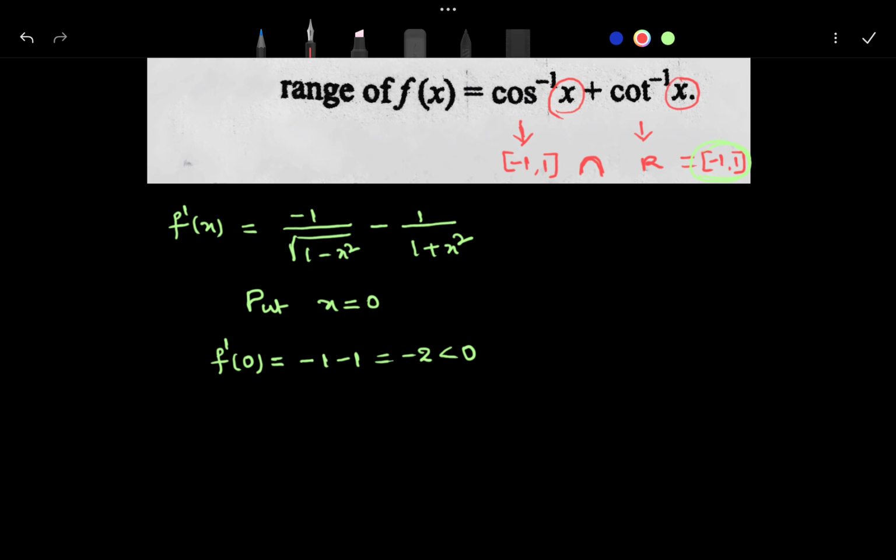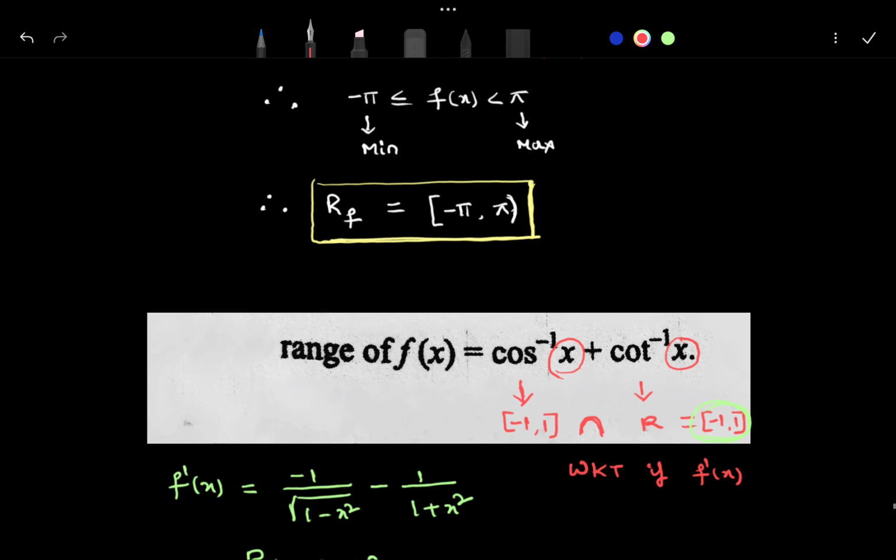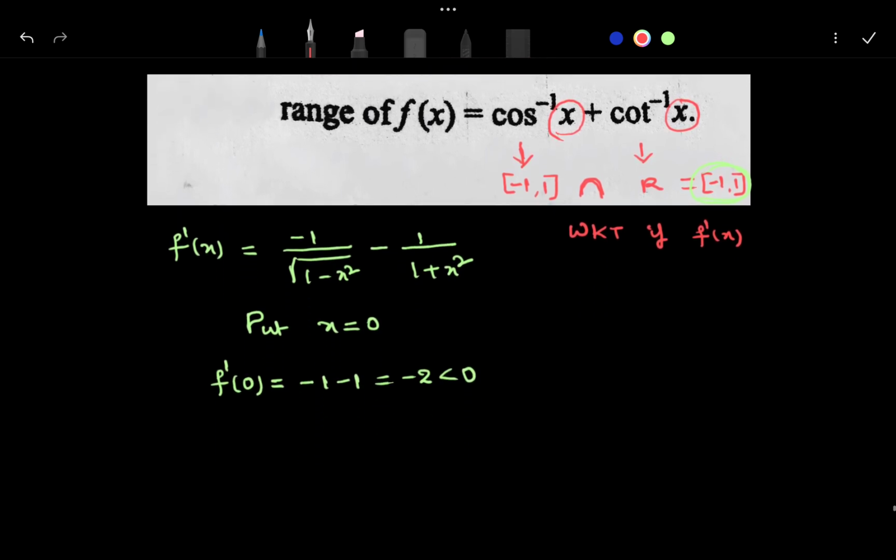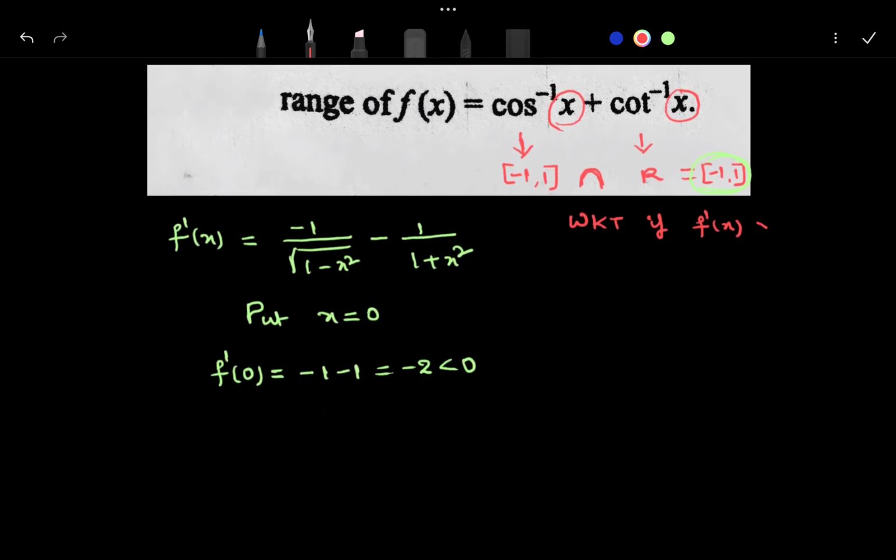We know that if f dash of x is greater than 0, then f of x is increasing.